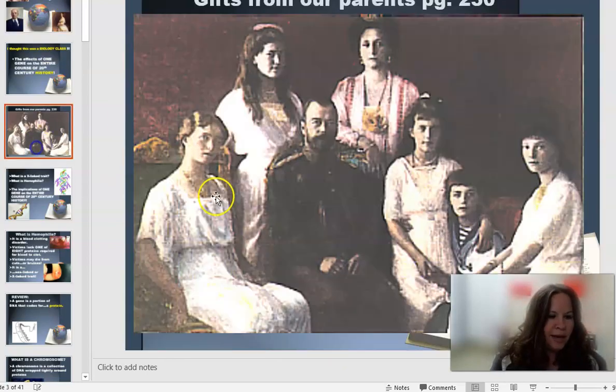Do you recognize the last Tsar of Russia here from your history classes? This is Nicholas, the last Tsar of Russia, right before World War I, the early 1900s. He married this woman, Alexandra, who was from English royalty. She was the granddaughter of Queen Victoria, and they had 5 kids.